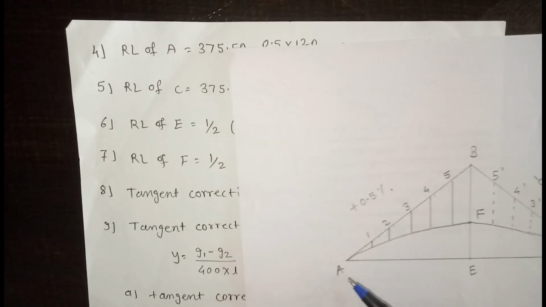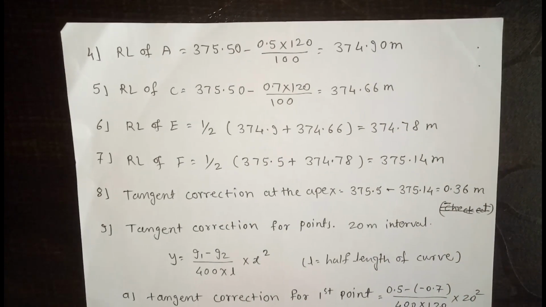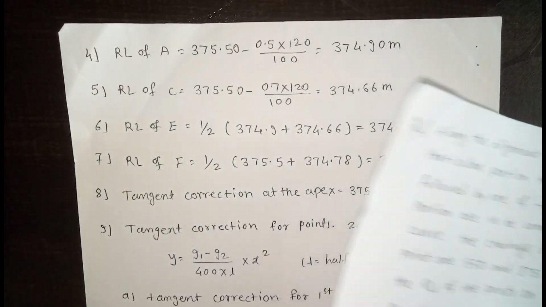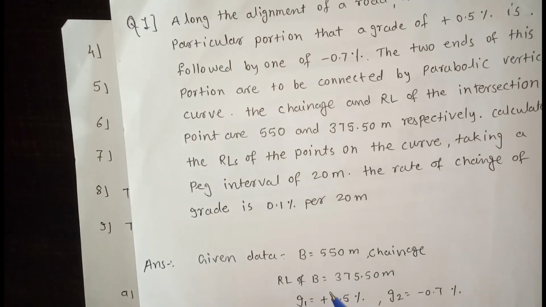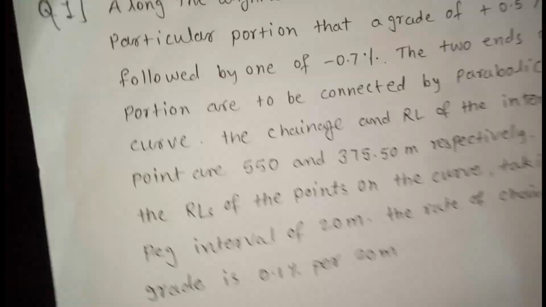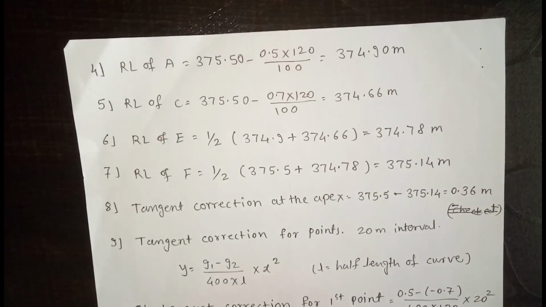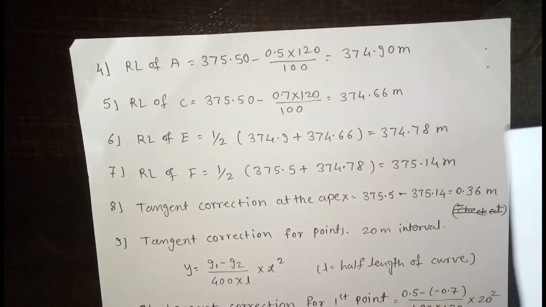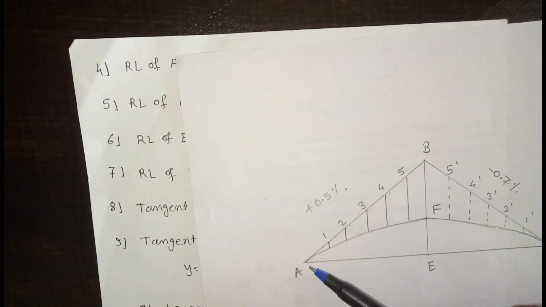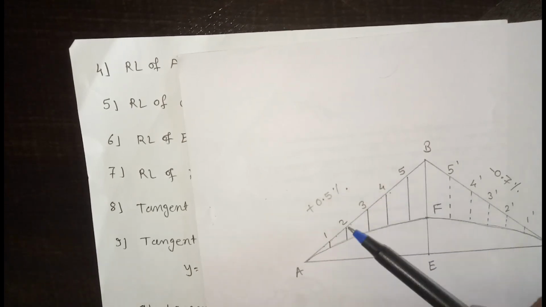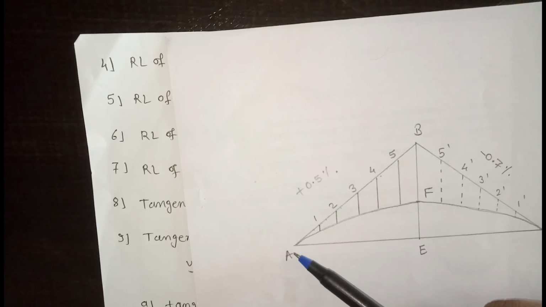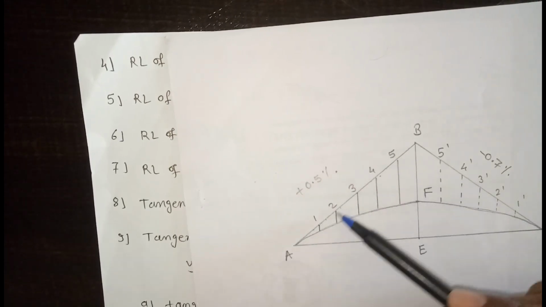But in the question we have been given the RL of B, that is 375.50. Now we have the RL of B and we have to calculate RL of A. In between is the grade. This RL of B is higher than RL of A, so we have to subtract this grade.